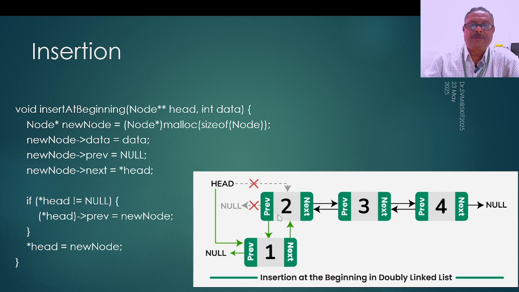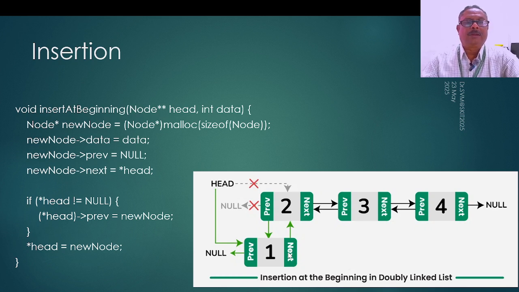If head exists, then we create this backward link, that is, the head's previous is the same as the new node, and from now onwards this new node will be called head. So head will be pointing to the new node.